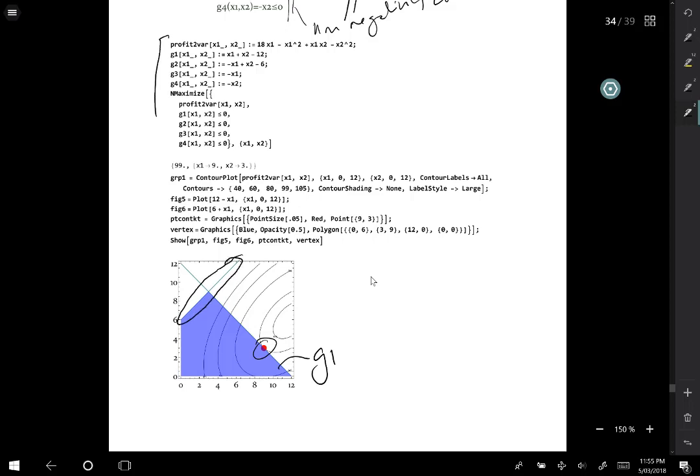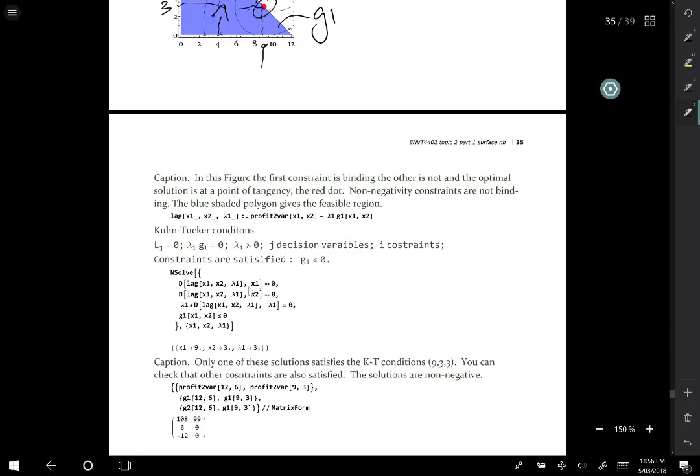The trouble is you don't know which constraints are going to play a part in an optimal solution and which ones aren't. The non-negativity constraints, well, the optimal solution is where x1 is equal to 9 and x2 is equal to 3, and they're not binding, so they don't play any part in the optimal solution.